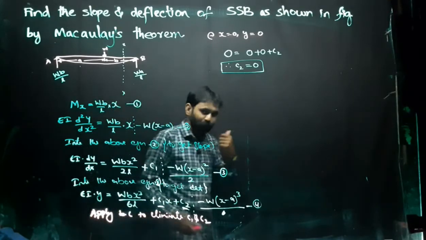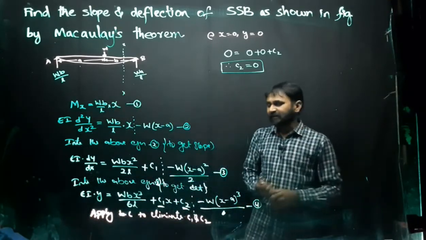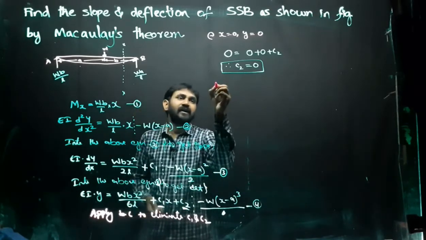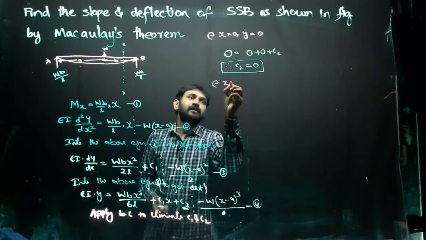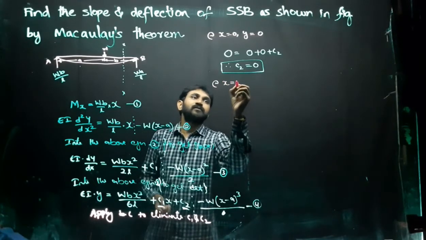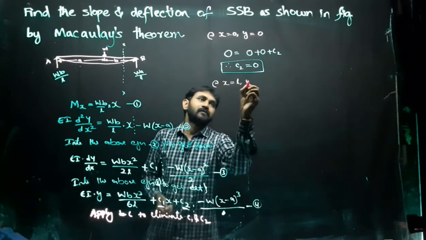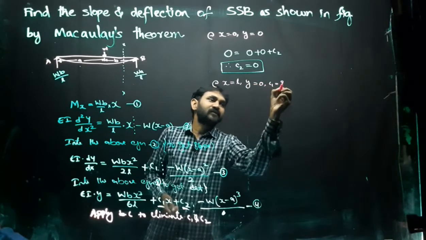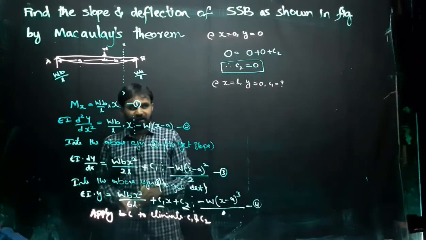Now I have to apply my second boundary condition. What is the second boundary condition? At x equal to L, y equal to 0, what is the value of C1? You have to calculate.